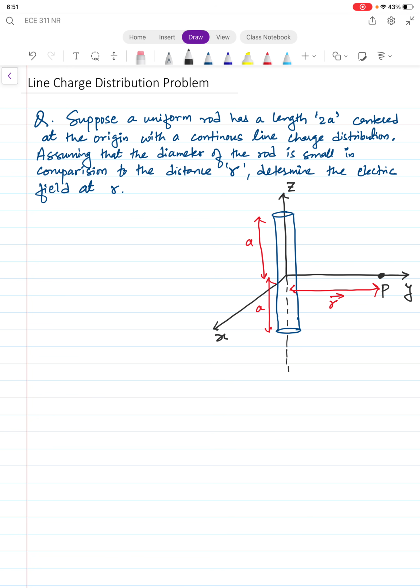Okay, so I drew the figure. Our source, or the rod, is along y. And by the way, you can follow me along or you can pause the video and work on the problem.